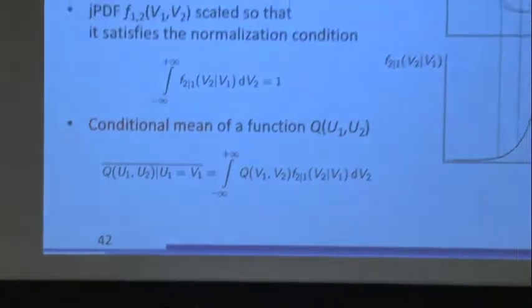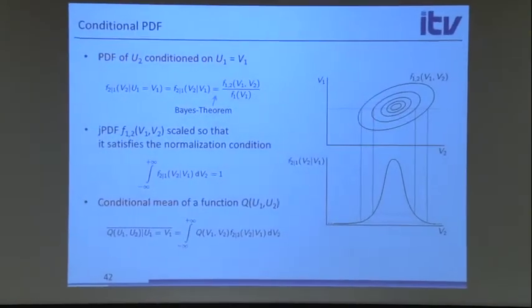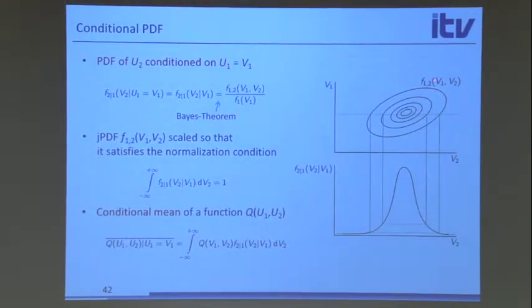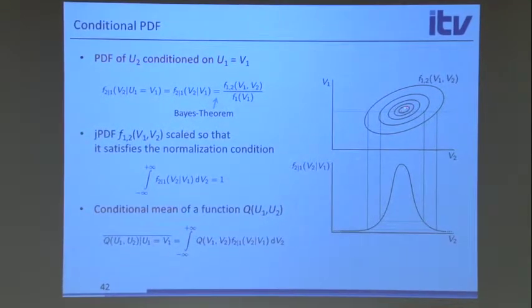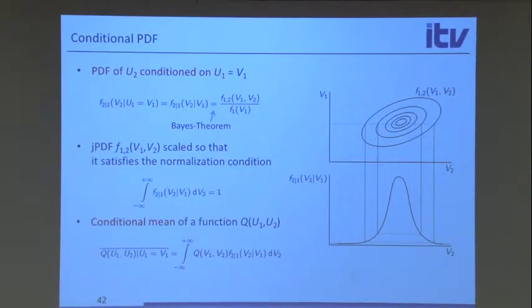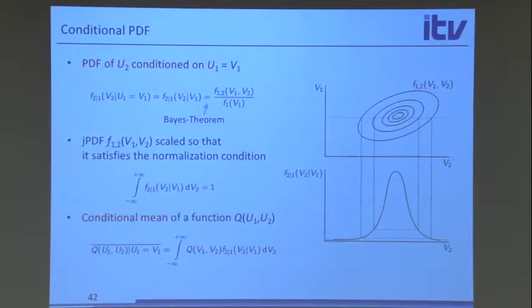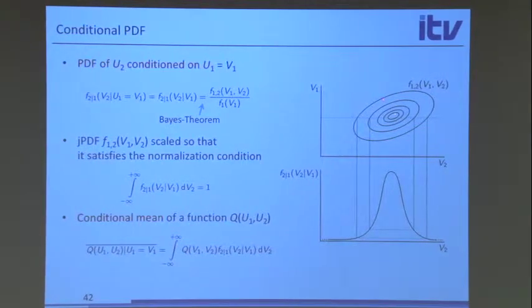Here, this shows the joint PDF of two variables, v1 and v2, and this is supposed to be a high value here, lower value, so little. The value of the PDF comes out of the plane.